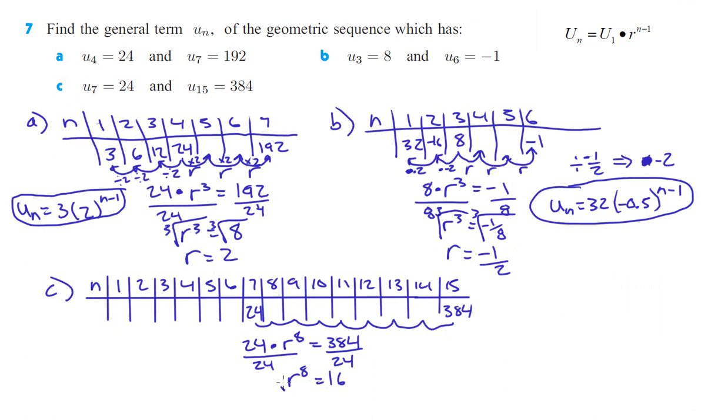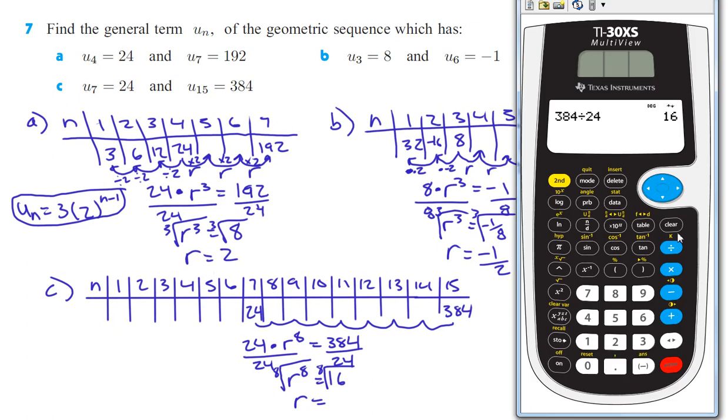So we've got to take the 8th root of both sides here to get what r equals. So we've got to take the 8th root of 16. So we're going to do the 8th root right here.